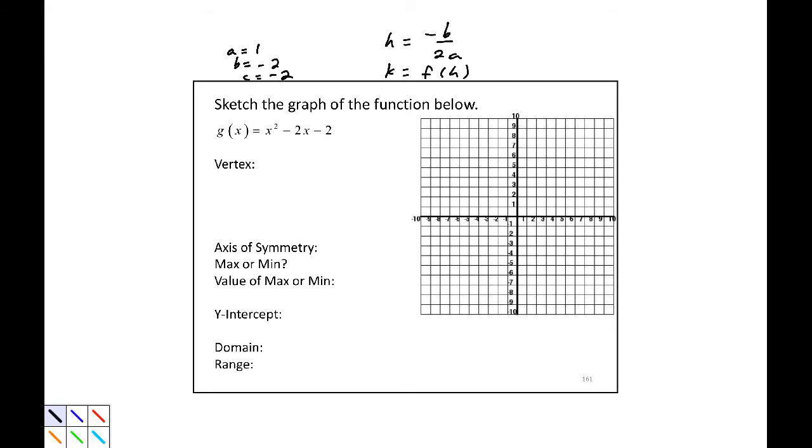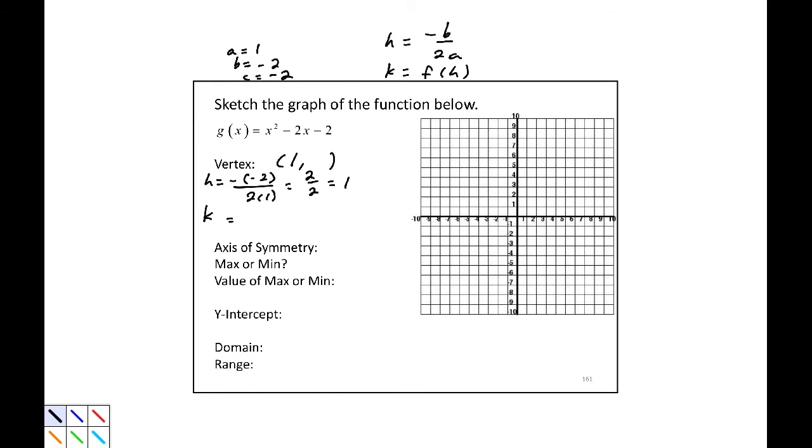Let's use the space down here. h equals negative b, well that's negative, negative 2, note the two negative signs, divided by 2 times 1. So that would be positive 2 divided by positive 2, or 1. So my vertex is 1 comma something. I'm going to evaluate my function at 1 to find k.